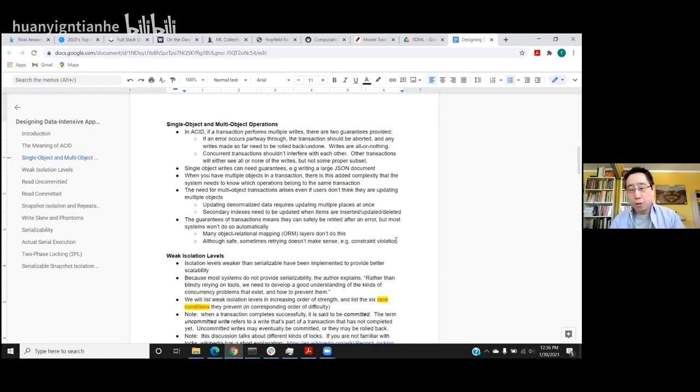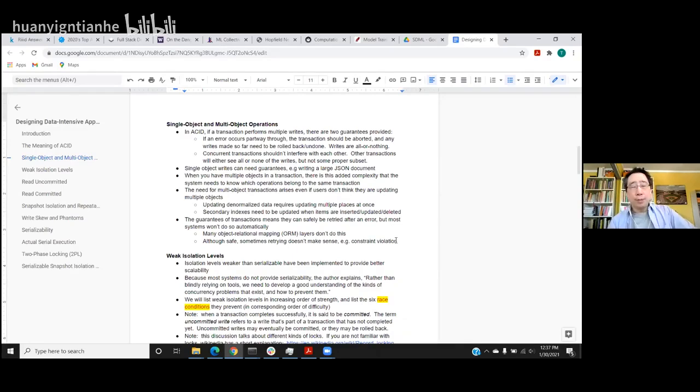So you could have a failure halfway through, and you really wouldn't want to have the first half of the new version of your JSON document and the second half of the old version, and basically it's just going to be a corrupted file. So you can think about some of these other things requiring this atomicity, usually not as much requiring isolation, but some of these properties of ACID.